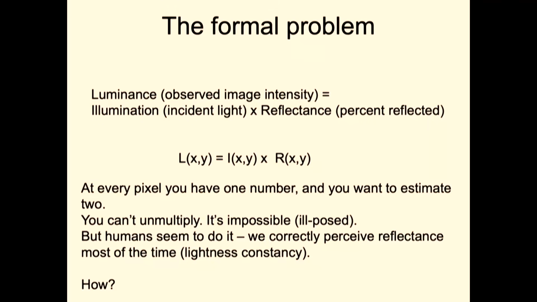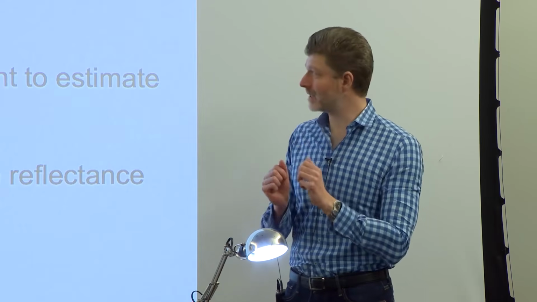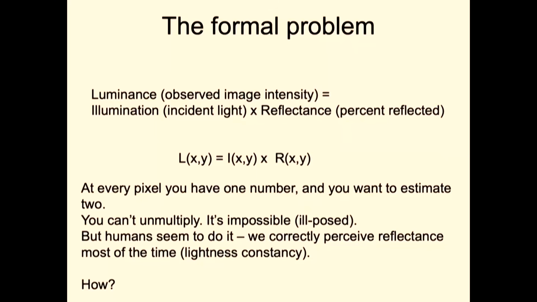There is this observed image intensity. This is luminance, registered by your photoreceptors. That is the result of the incident light, the illumination, and the reflectance, a property of the pigmentation of the surface. So you can think of the generative process as this. At every point in space, there is an amount of incident illumination.